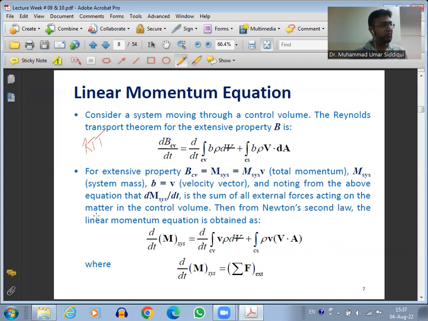So in the Eulerian concept, we have a specific control volume which is given consideration, but in the Lagrangian approach, we have the specific control mass.